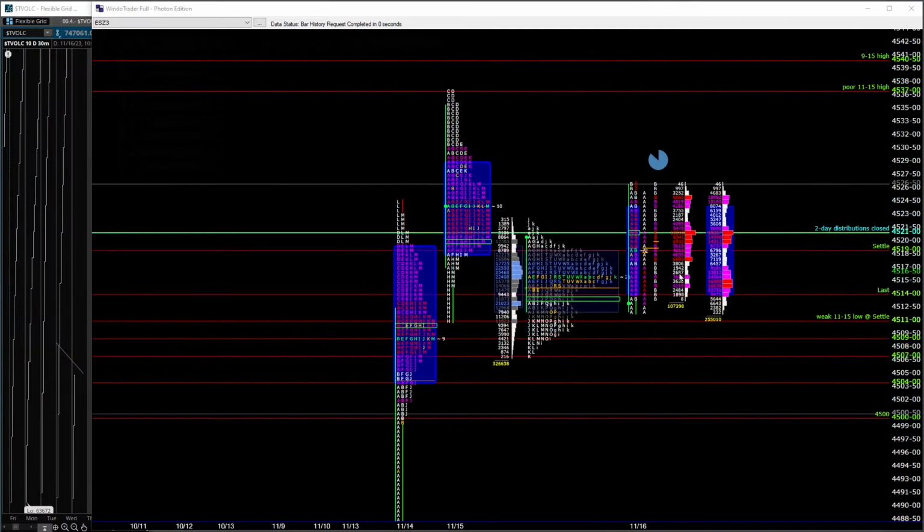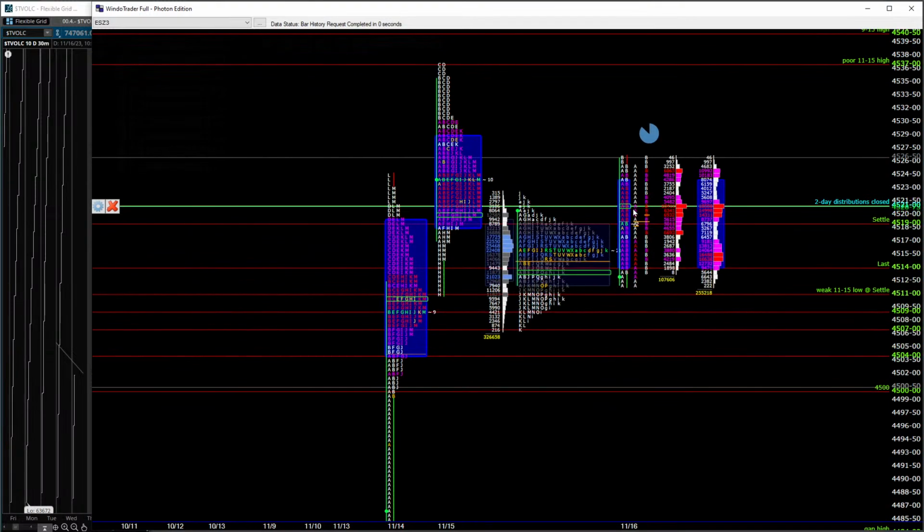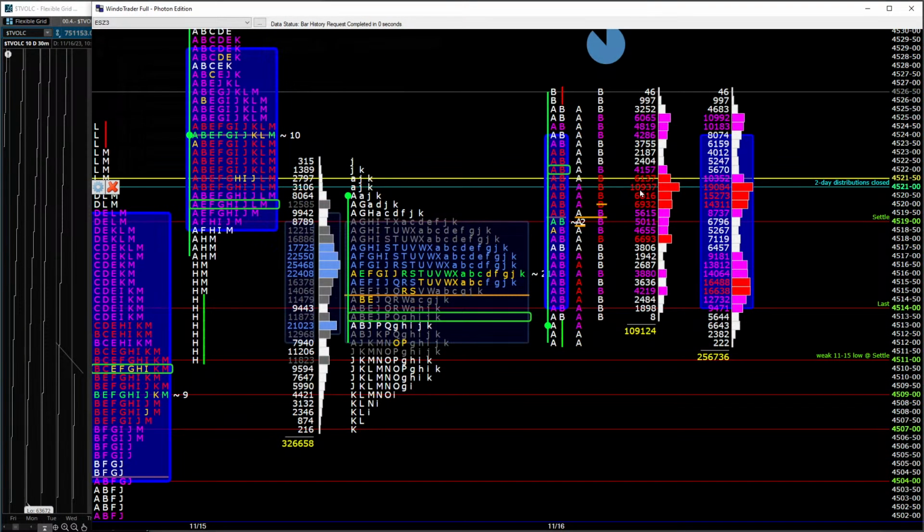In this case, the odds of having a big rally or a big break decreases when we have something wide here early in the morning. Notice that the range of B is almost the same as the range of A here. Look at this, 10,000 here. We had 10,000 over here as well. Around the same volume here.